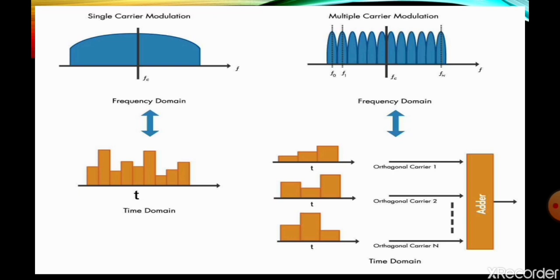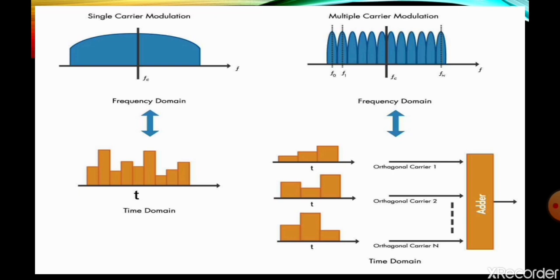What could be the advantage of going for multiple carriers rather than a single carrier? In single carrier communication, you modulate the message, or superimpose the message onto the carrier, and you transmit it. As the signal propagates through space, it may undergo different fading effects or disturbances or interference, which may lead to deep signal fading or loss in the strength of the signal, or the message may get completely distorted.